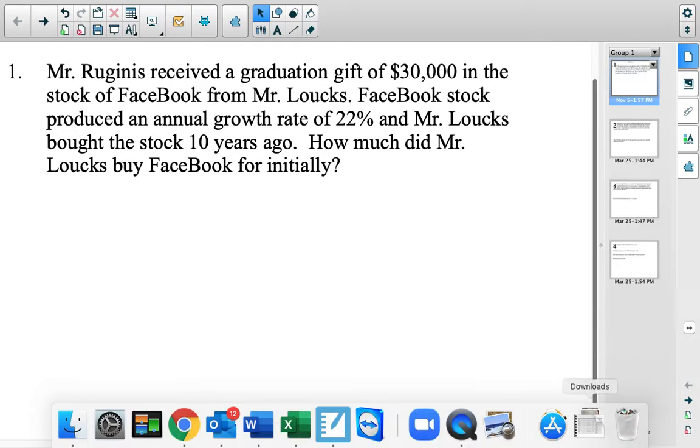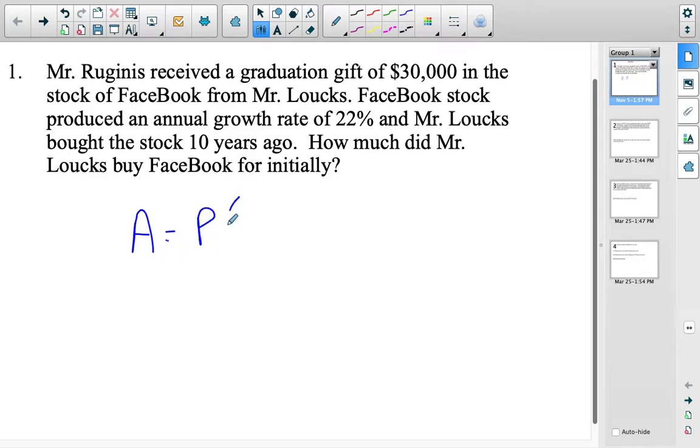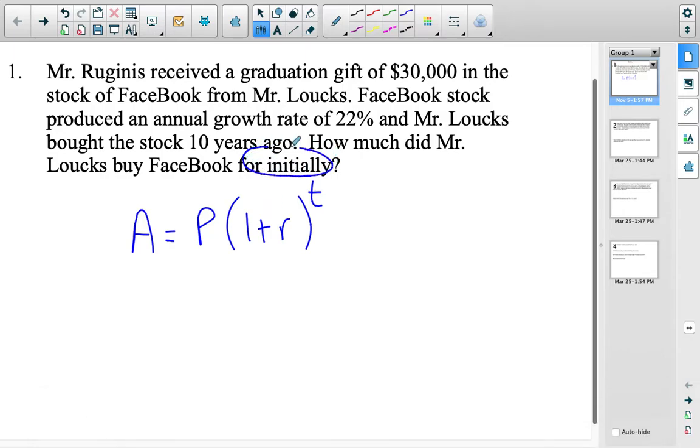So remember, our original formula gives us the amount after a certain period of time. The amount after a certain period of time is equal to our principal times 1 plus r to the t. Okay. So in this example, what I notice is that it's looking for the initial amount. That's actually what P is.